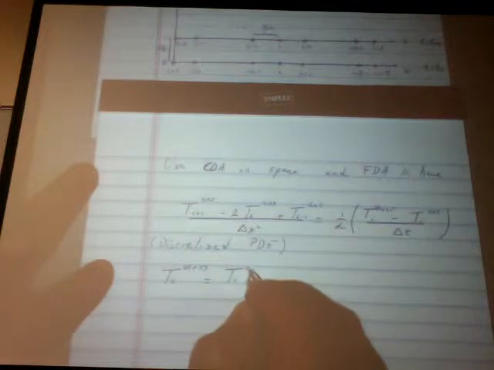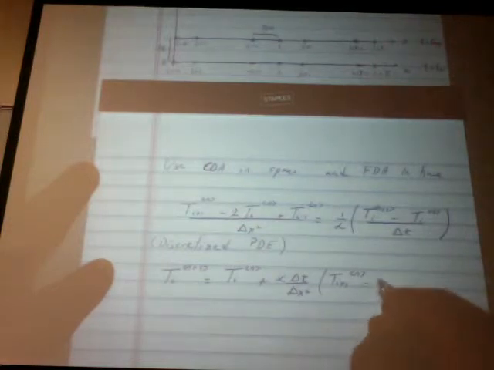Alright? So then I'm going to solve for the temperature at the next time level. T at i, n plus 1 is equal to T at i, n plus alpha delta t divided by delta x squared, times T at i plus 1 at n, minus 2 T at i at n, plus T at i minus 1 at n.